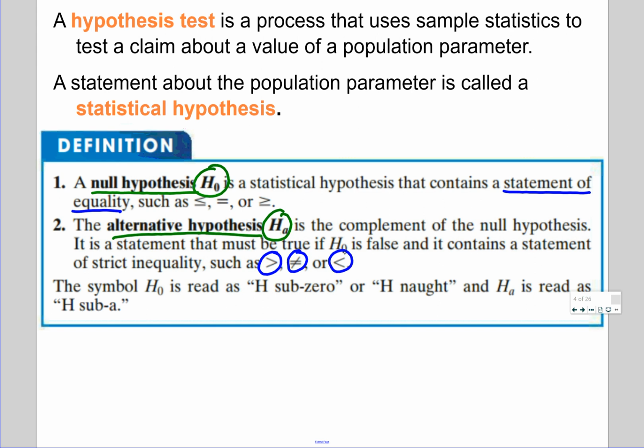So it'll be just strictly greater than, less than, or if it's equal to, the complement of that is not equal to. So null hypothesis, statement of equality. Alternative hypothesis, H sub A, does not have a statement of equality, and they are complements of one another.